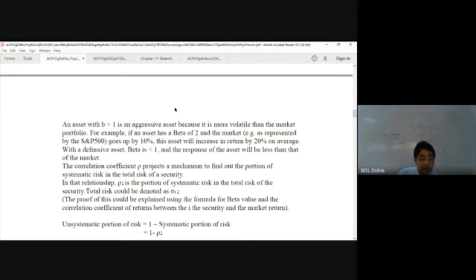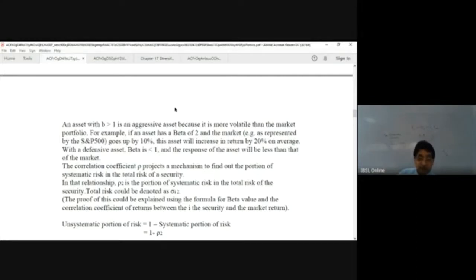And there's another mechanism we can find here. The correlation coefficient rho provides a mechanism to find out the portion of systematic risk in the total risk of a security. Now, it is a good method in order to have an idea: if you take the risk of a particular asset, what is the portion of systematic risk in that?